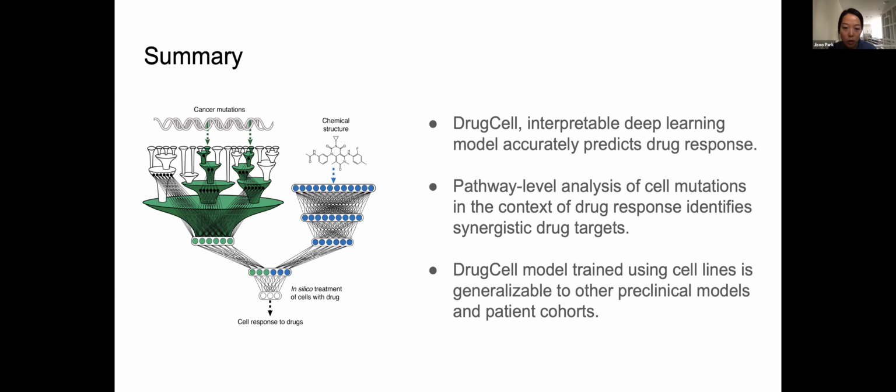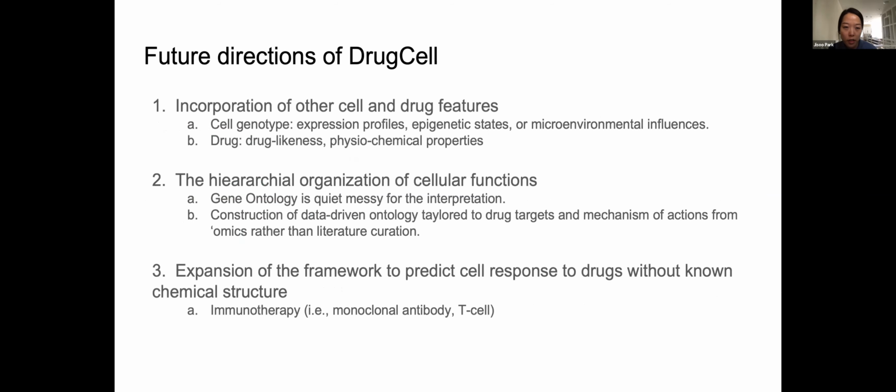And where do we go from here? I will quickly cover a few of the future directions. We can first think about how to improve the DrugCell model. We can first think about the incorporation of other features of the cells and drugs. For example, for cell genotypes, we can consider expression profiles or epigenetic states or microenvironmental influences.